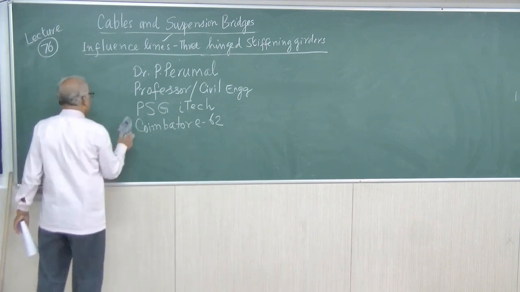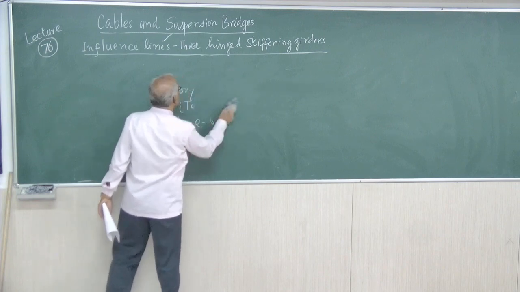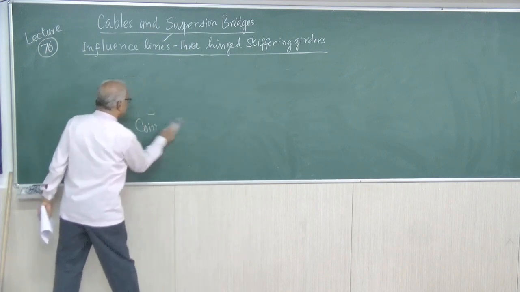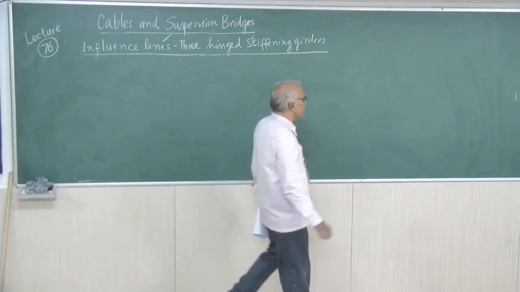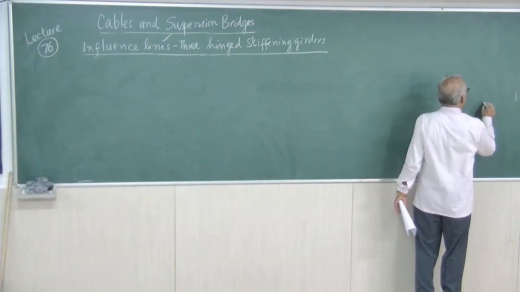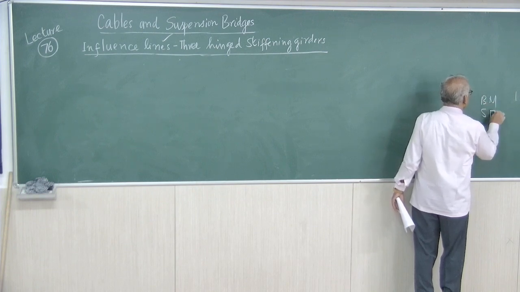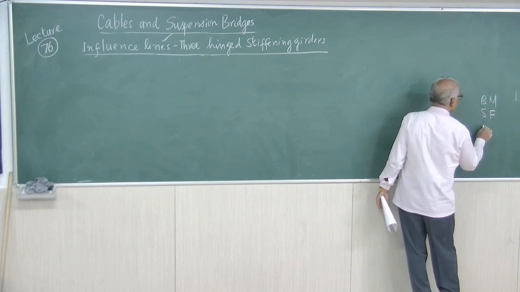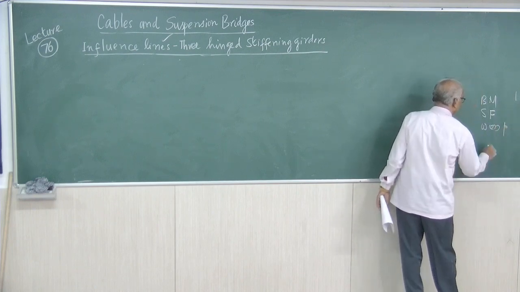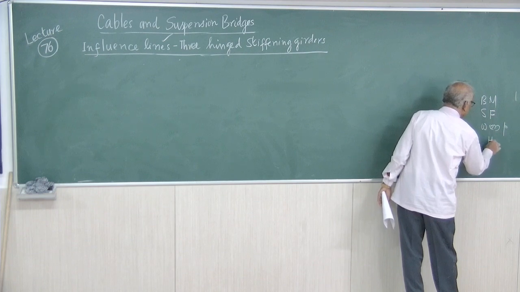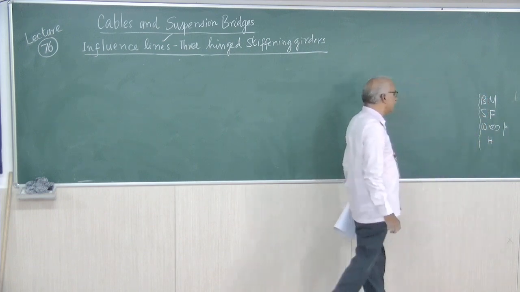Now, in the case of cables with stiffening girders, the various parameters involved are the bending moment at a section, the shear force at a section, the UDL, w or p, that is transferred to the cable, and the horizontal tension. These are some of the parameters that will be calculated.